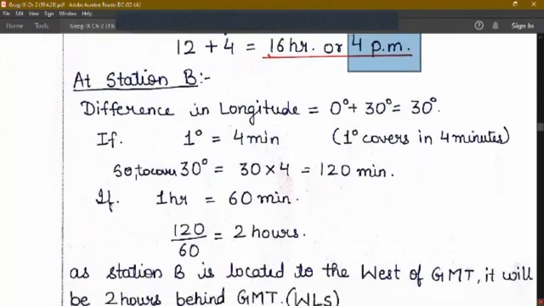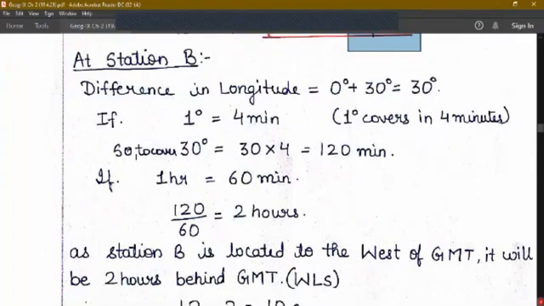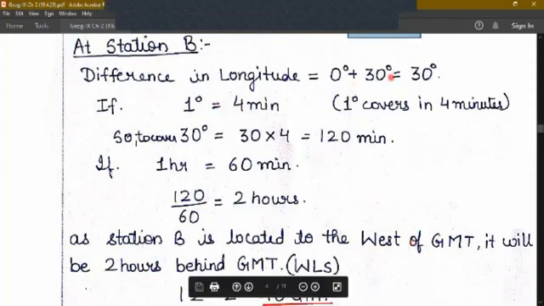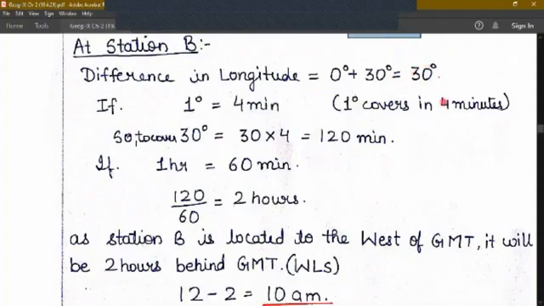Now the second station, station B, which lies at 30 degree west longitude. So the difference in longitude will be 0 degree plus 30 degree. That will be 30 degree, right? 1 degree is equal to 4 minutes, means it takes 4 minutes to cover 1 degree of longitude.